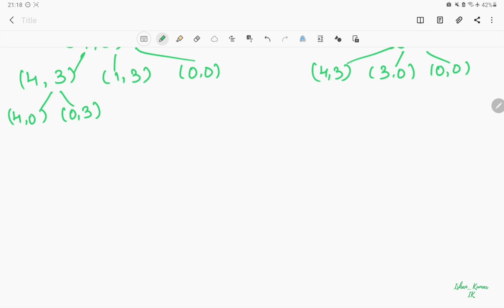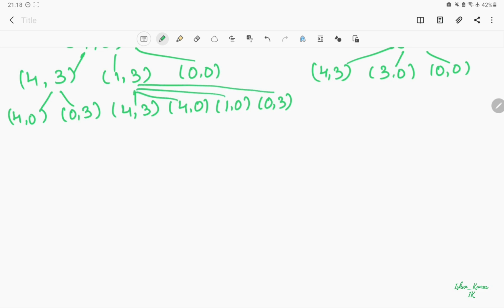Similarly, for 1, 3, if I fill it, I can get 4, 3 by filling the first jug. If I pour water from one jug to another, I can get 4, 0. If I need to empty a jug, either I can get 1, 0 or I can get 0, 3. So these are the possible states.